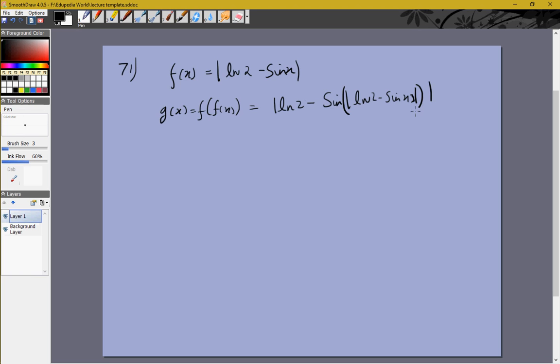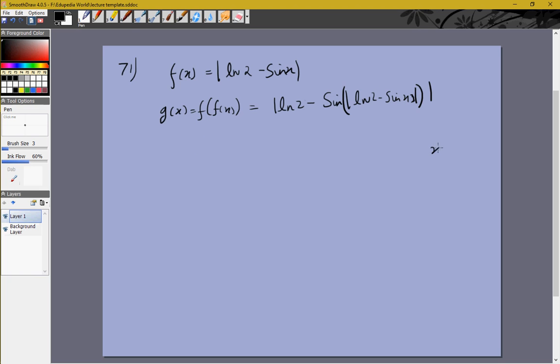This is another mod, right? And we need to find out whether it's differentiable or not. So first of all, the limit we are taking is x close to 0. So if x is a very small number, sin x is a very small number, right? So ln2 minus sin x is obviously a positive number.